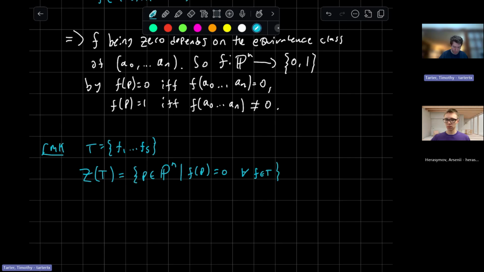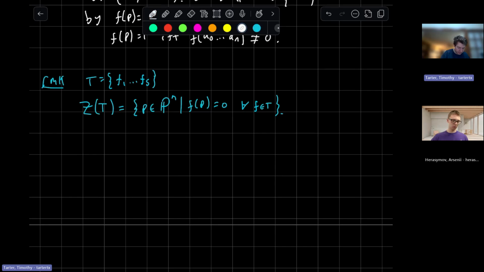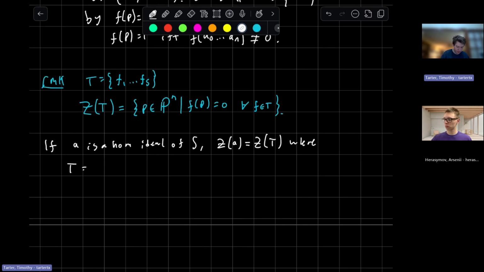And if A is a homogeneous ideal of S, the zero set of the ideal is equal to the zero set of T, where T is the set of all homogeneous elements in A. So basically, we can restrict ideals to their homogeneous elements.